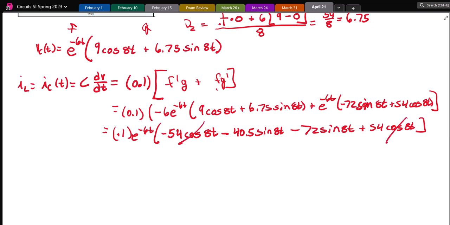So that's nice. And then if you distribute the 0.1 and add together the two like terms with sine 8t, you get negative 11.25 e to the negative 6t sine 8t.